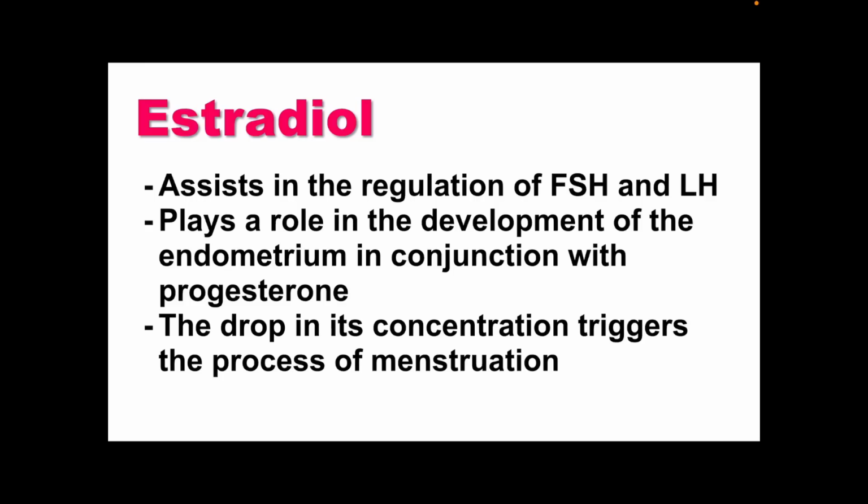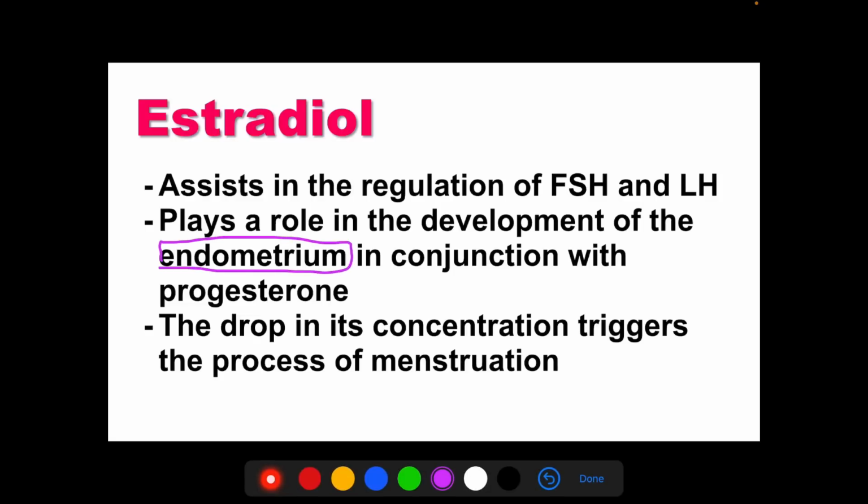Now let's have the estradiol. This is one type of estrogen, already discussed earlier. It assists in the regulation of FSH and LH, and it plays a role in the development of the endometrium. It thickens the endometrial lining together with another hormone, the progesterone. The decrease in the concentration of estradiol triggers the process of menstruation, meaning the endometrial lining will shed off.